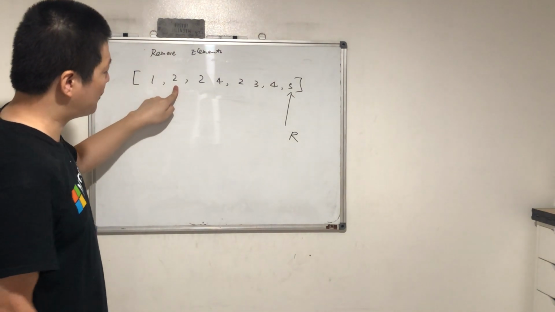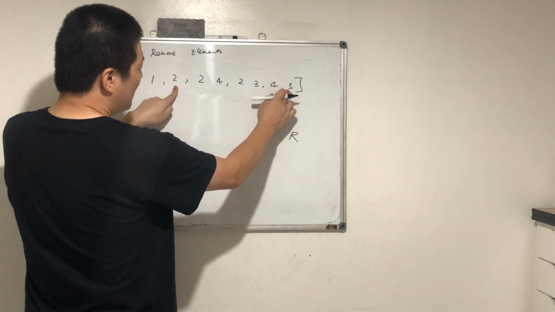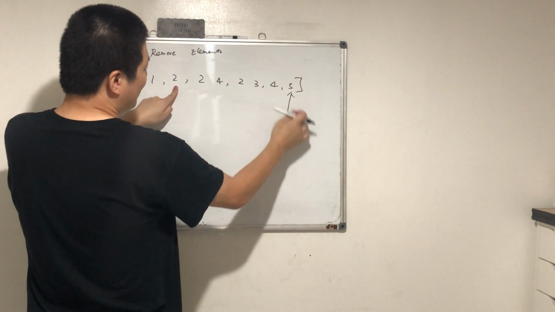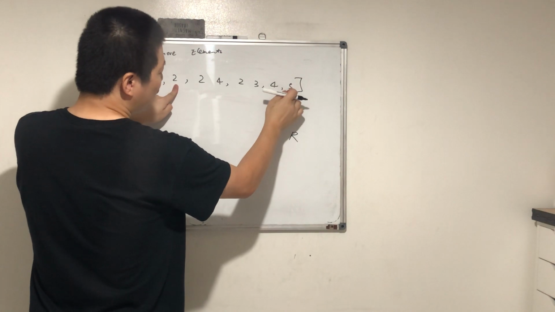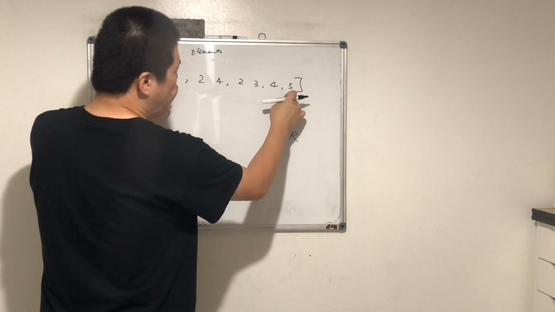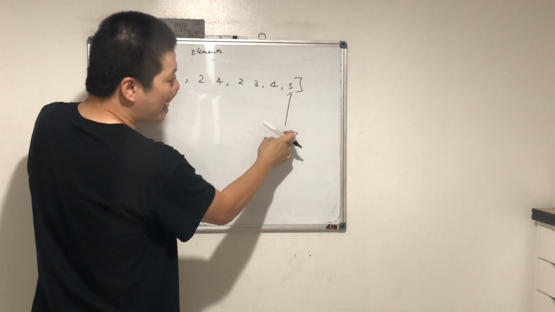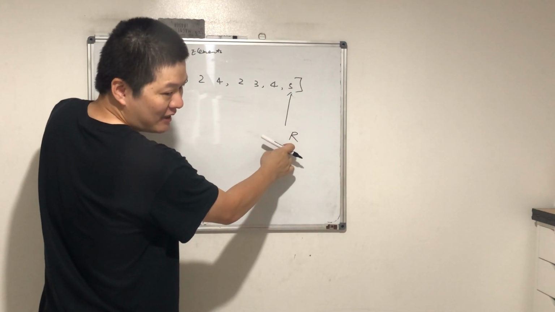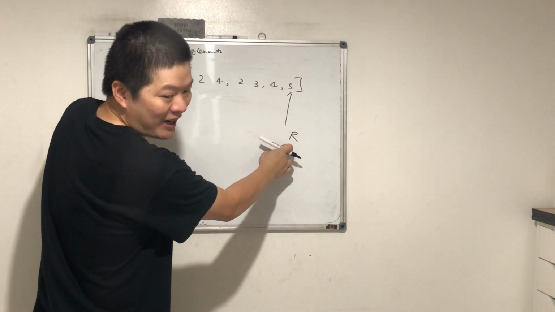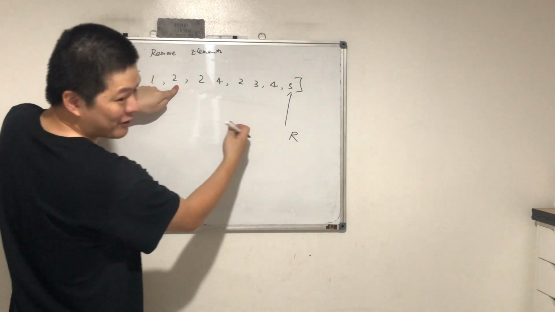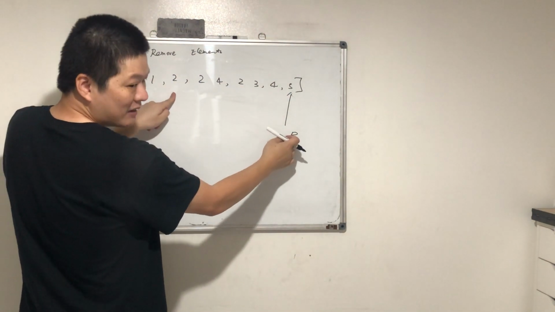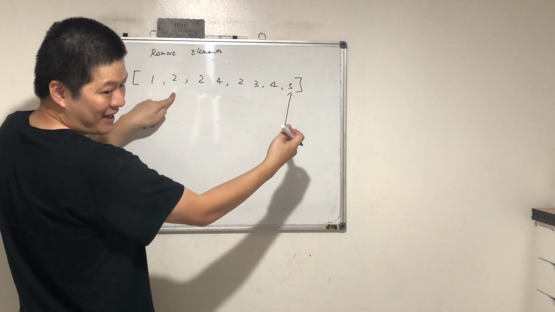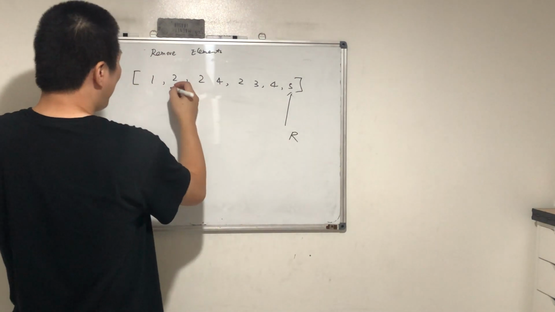We swap it with the 5 at the right pointer. After I swap it, I know the value at the right pointer is the one we don't want, so we decrement the right pointer.